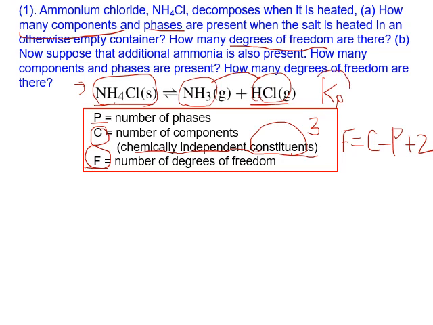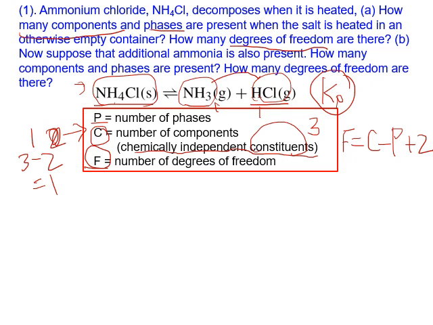One is Kp, one is the 1-to-1 ratio, and therefore you have 3 minus 2 equals 1. Three constituents, two equations, and therefore one component.